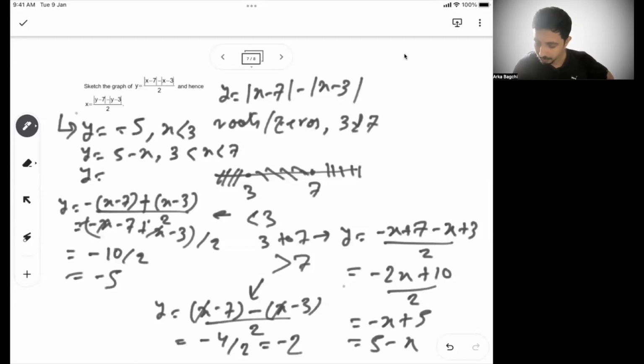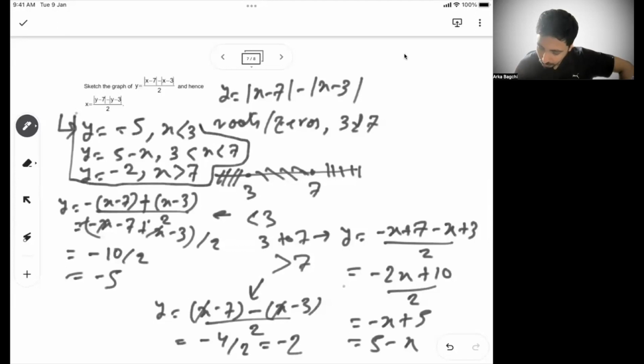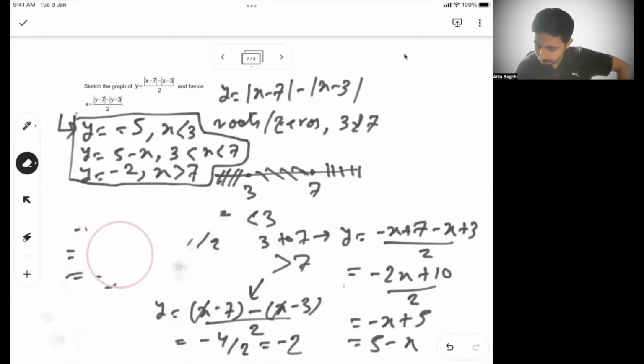And y is equal to -2 when x is greater than 7, right? So these are the three zones. Obviously, you can include the equal to's also, but these are the three equations coming out of the given expression. Okay. Now with these three equations, let's see if I can draw a graph. Remove this part.